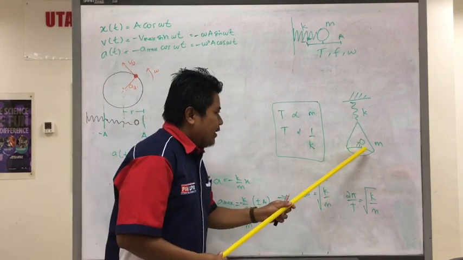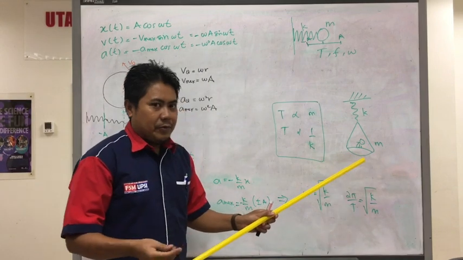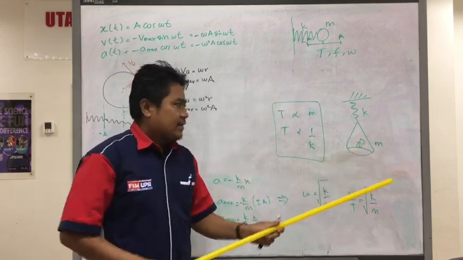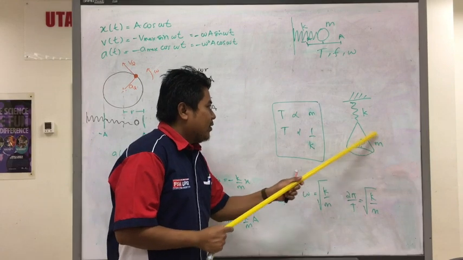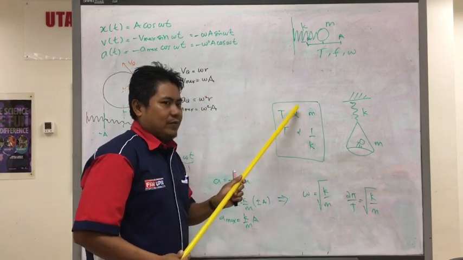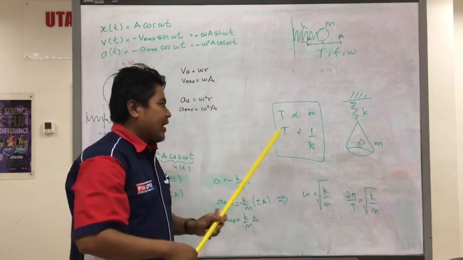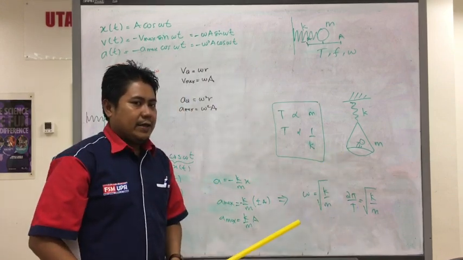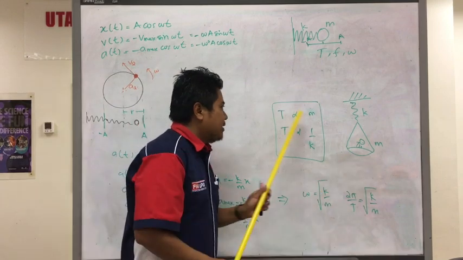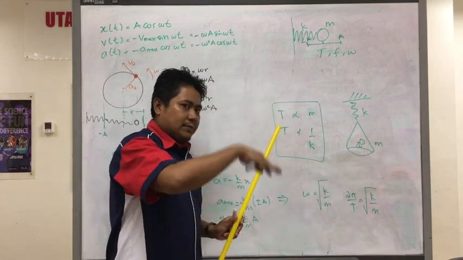Of course the baby grows and the mass increases. So when the mass increases, what happens? The period also increases. That means the oscillation becomes slower as the baby gets older, because the mass increases and the period becomes longer.